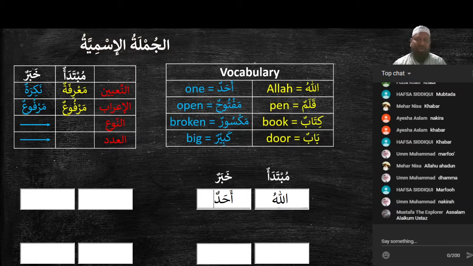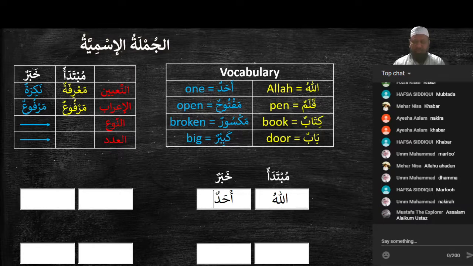So in English there is no word for is. So where do we get the is? This is the structure. Mubtada khabar structure will give us is automatically. So when we translate in English, we have to use the linking word is. So now we can translate Allah is one.